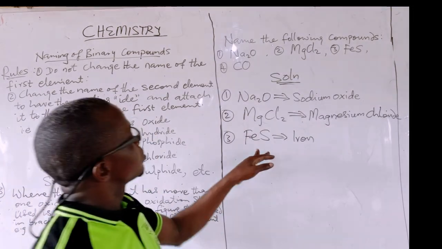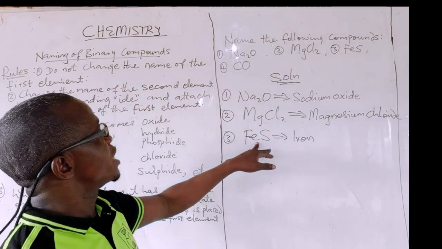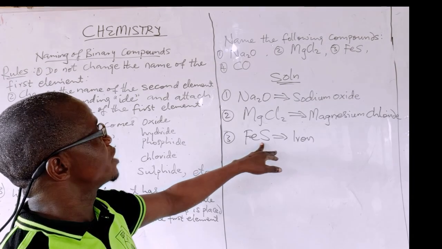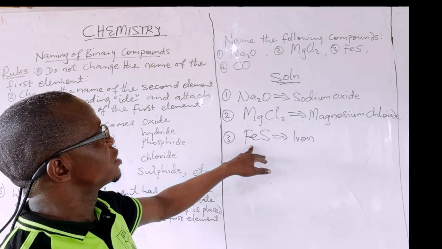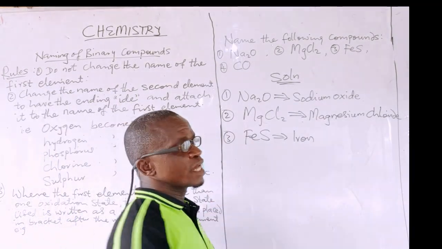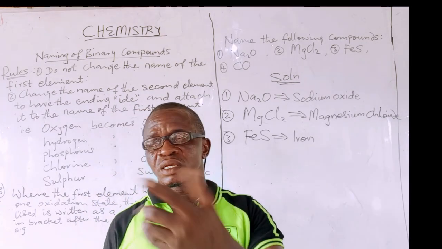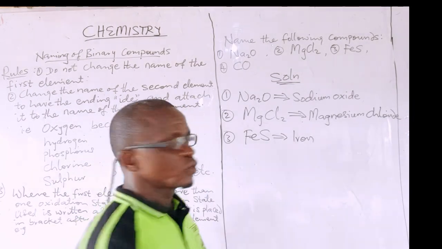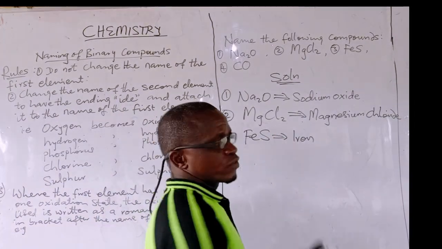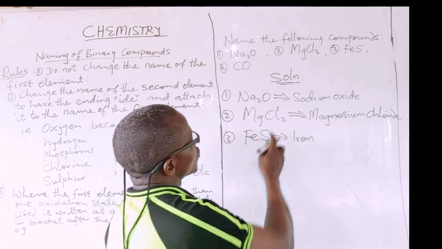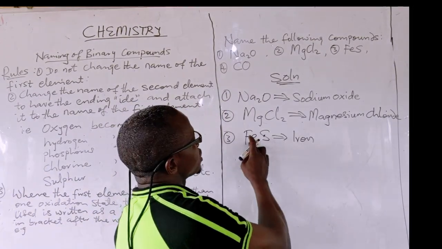Now, you will calculate the oxidation number of this element, and if you calculate that, you see that it will end with 2. Sulfur is minus 2 here, so this is plus 2.